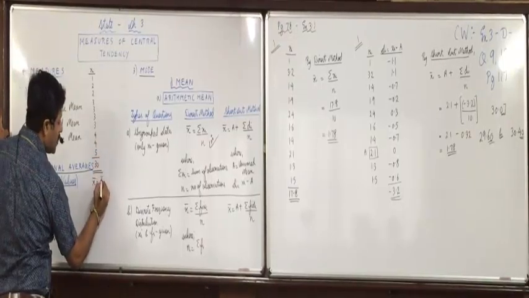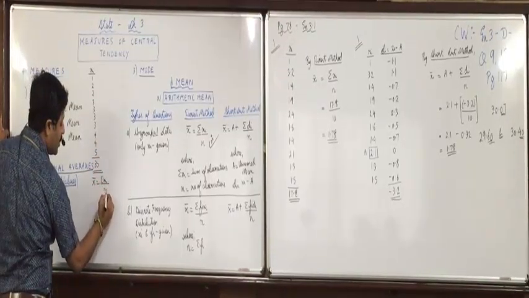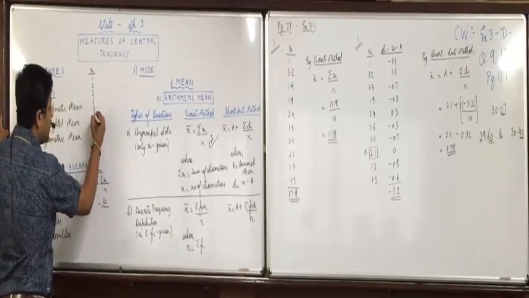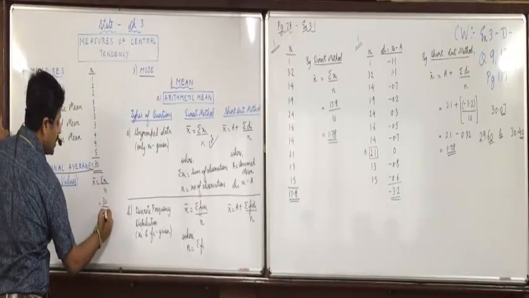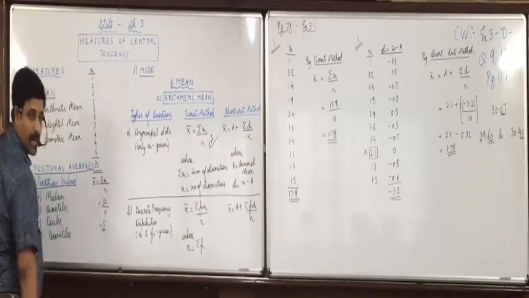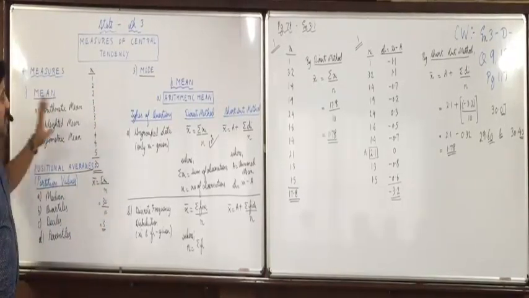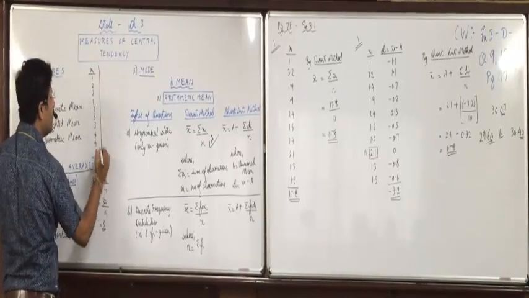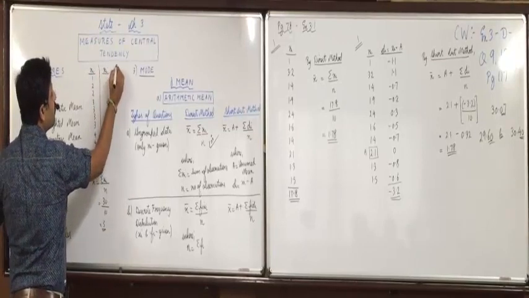X bar is sigma xi upon n, which is 30 divided by 10. That is 3. But do you find repetitions of observations? Yes. So we can convert it into a frequency distribution.